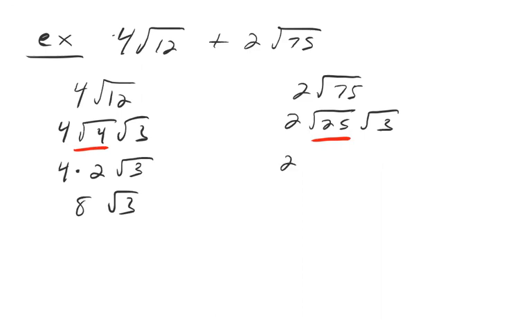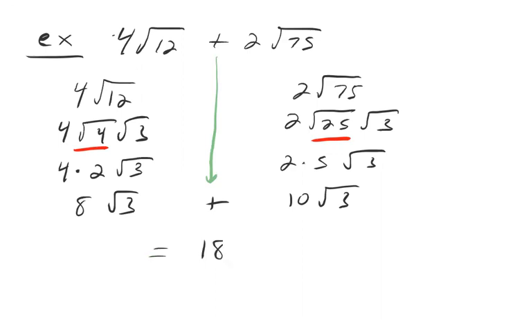This is 2 times 5 times square root of 3, which is 10 square root of 3. And I'm adding those, pulling this down. So 8 square root of 3 plus 10 square root of 3 is 18 square root of 3.